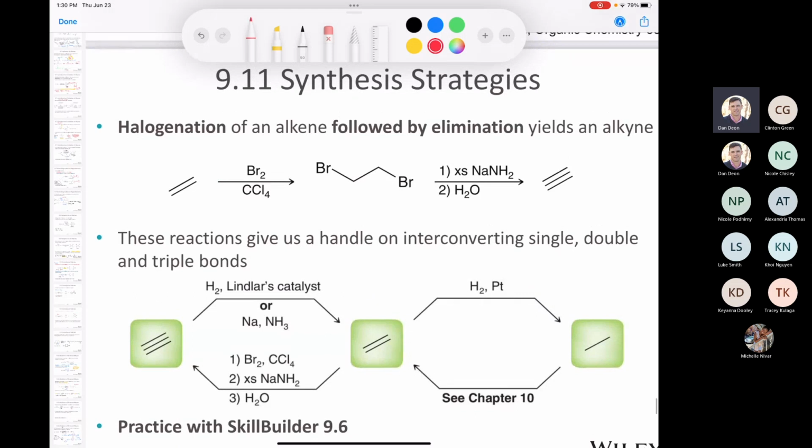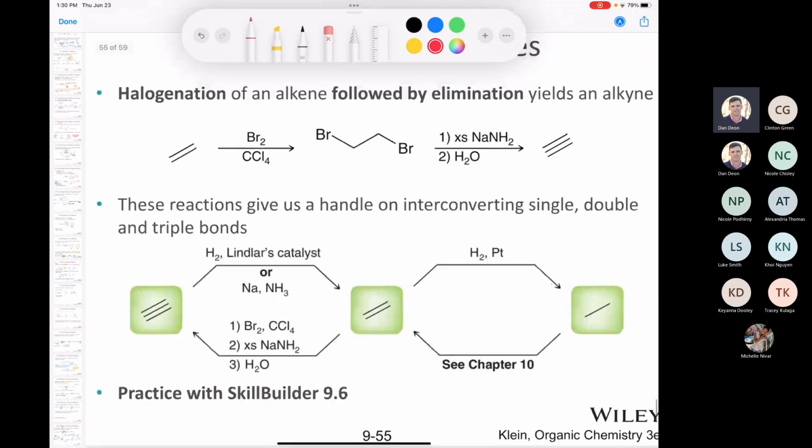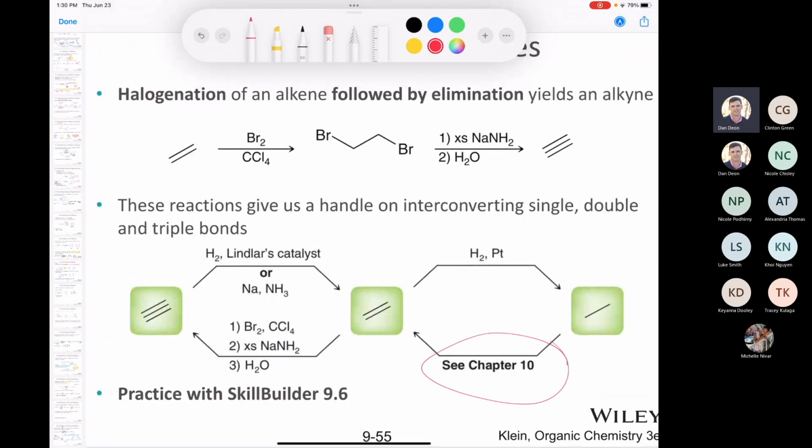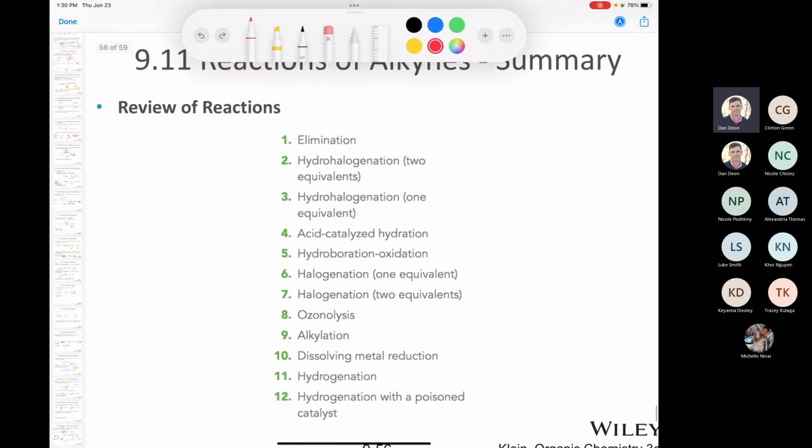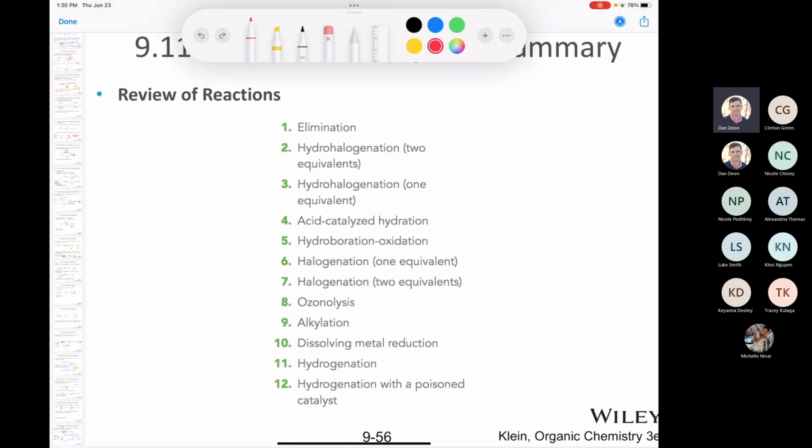Then we talked about halogenation and double elimination to make a triple bond. We went over that in detail. And really everything here, except for this one reaction, how to go from an alkane to an alkene, we've covered. Students will sometimes ask me, is there a summary of everything? Yeah, well, here's a summary of all the reactions that we looked at.